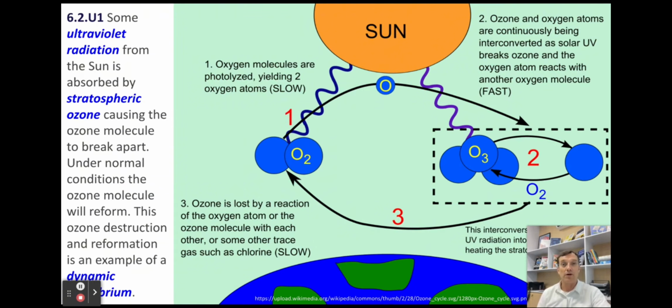That means the overall concentration of ozone in the stratosphere remains constant, even though individual diatomic oxygen and ozone molecules are constantly being formed and broken apart and reformed. The rate of ozone formation is equal to the rate of ozone destruction.